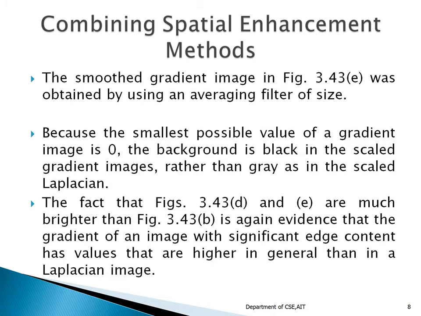The gradient image which has been smoothed in E was obtained by making use of an averaging filter of size 5x5. The two gradient images were scaled for the display in the same manner as the Laplacian image. Because the smallest possible value of a gradient image is 0, the background is black in the scaled gradient images rather than grey as in the scaled Laplacian.